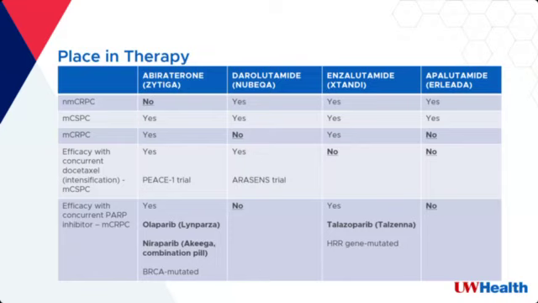And again, that's a BRCA-mutated indication for metastatic castrate-resistant prostate cancer. Enzalutamide has also been approved in combination with talazoparib. And this is specifically for patients with homologous recombination repair gene-mutated metastatic castrate-resistant prostate cancer. So I think we'll start to see these combinations a little more frequently in patients with these mutations.